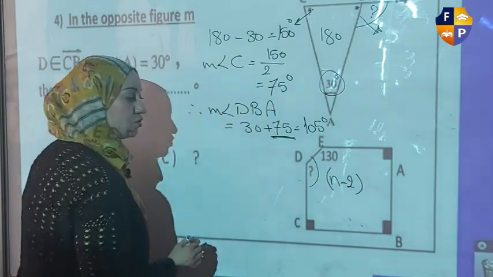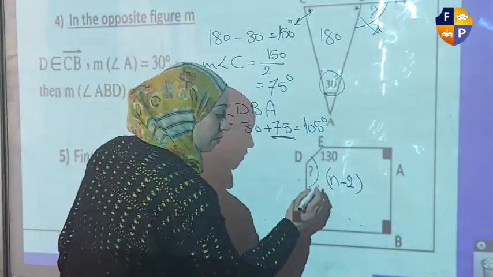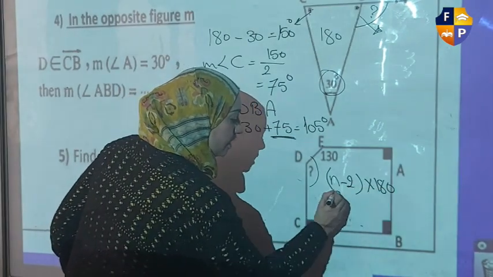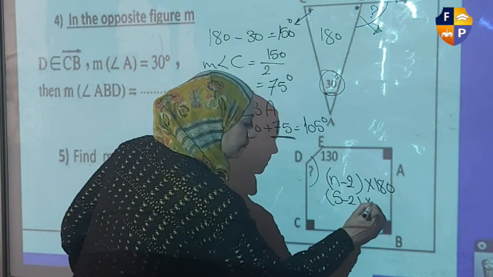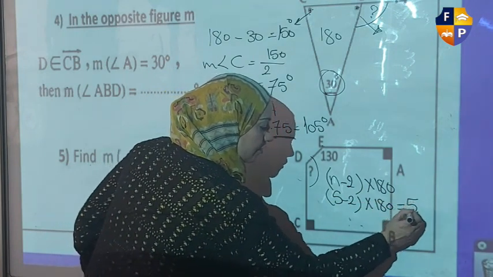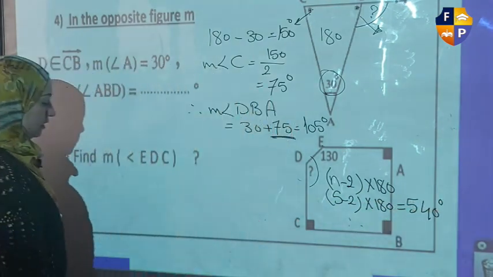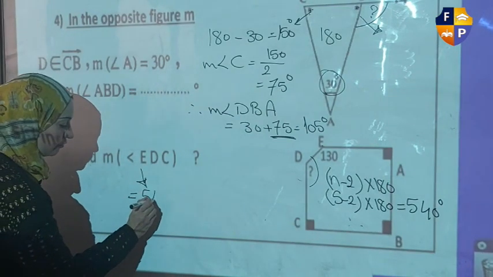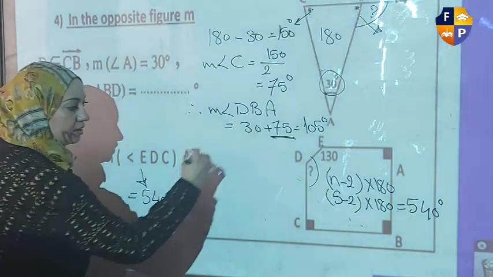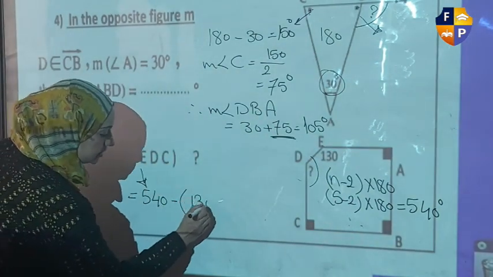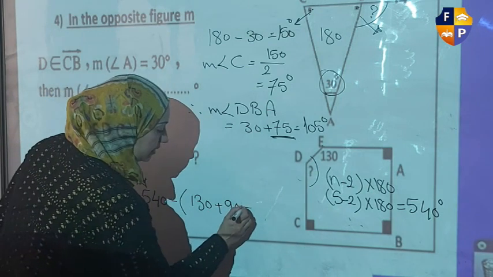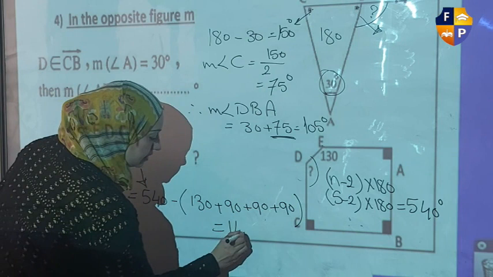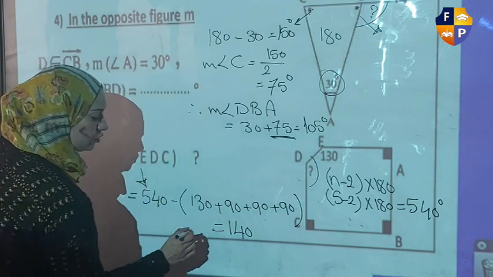I can get the sum of angles by my rule, n minus 2 multiplied by 180, 5 minus 2 multiplied by 180 equals 540 degrees. So to get measure angle D equals 540 minus all the angles 130 plus 90 plus 90 plus 90 equals 120, I think, or 140.